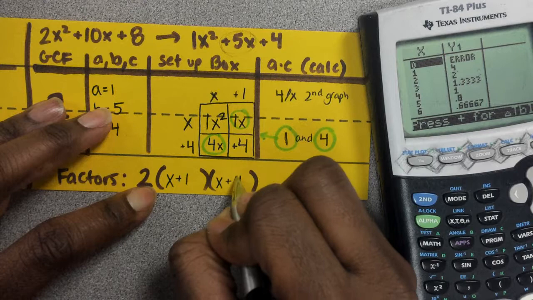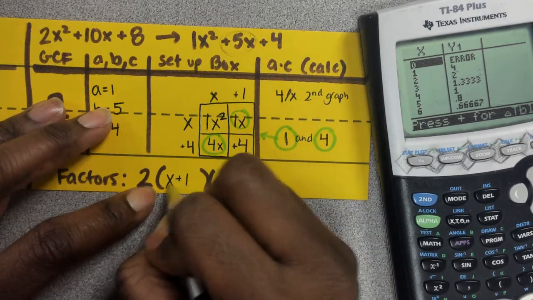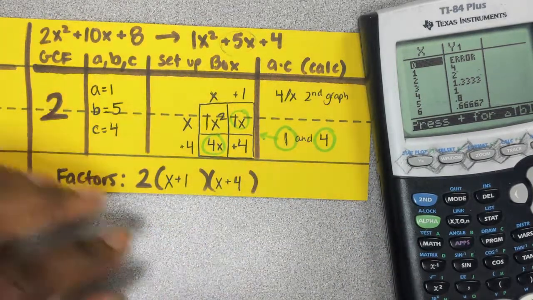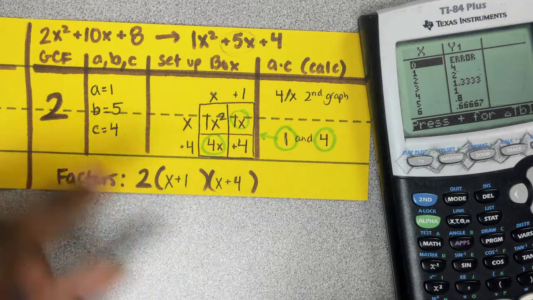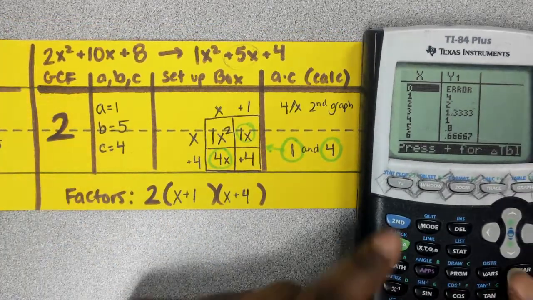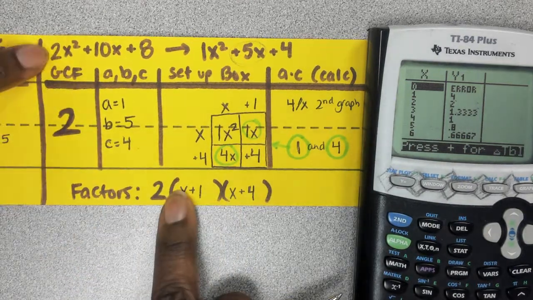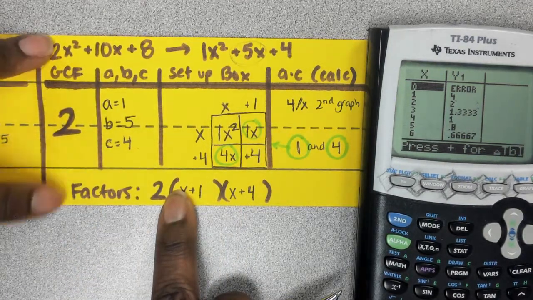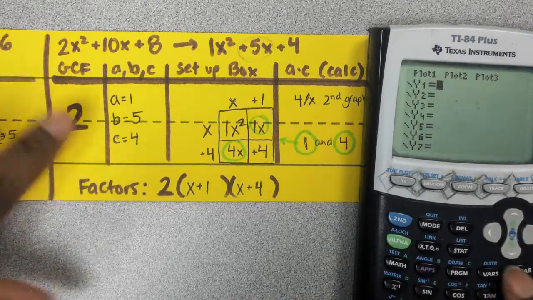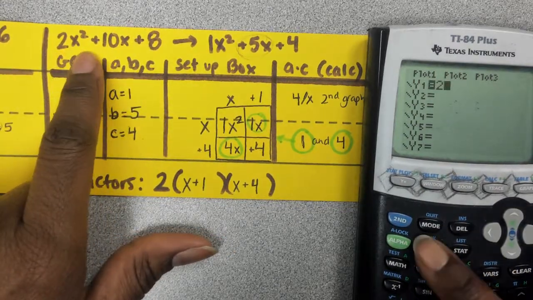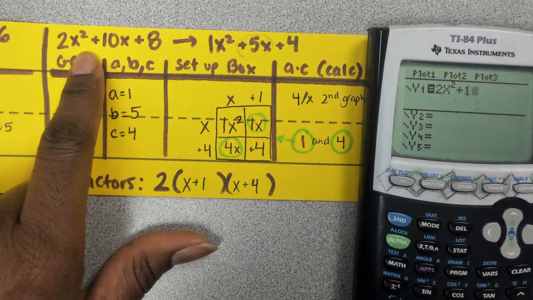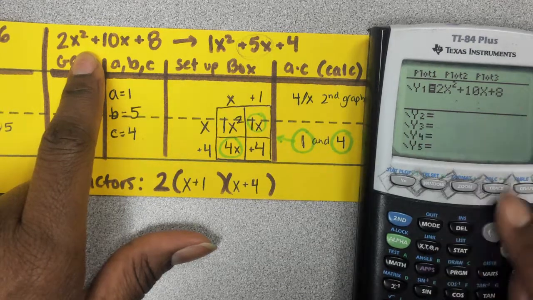And I'm going to show you how to check those using your calculator, because when I taught in California, they didn't have this trick, this whole y1, y2 trick that can help you check answers. Yes, taught in California. So let me show you how to check to make sure your factors match your original area, okay? So in the y1, you can put your 2x squared plus 10x plus 8.